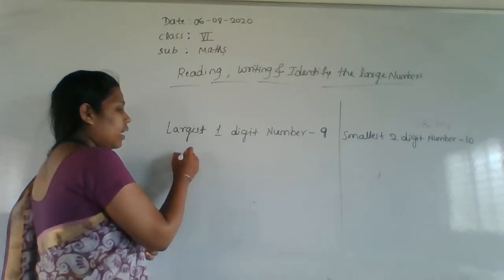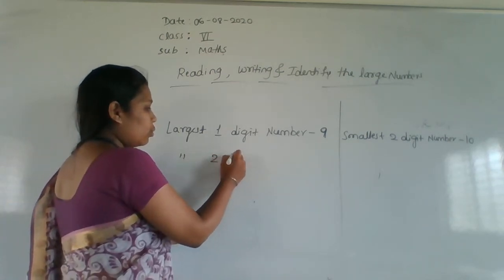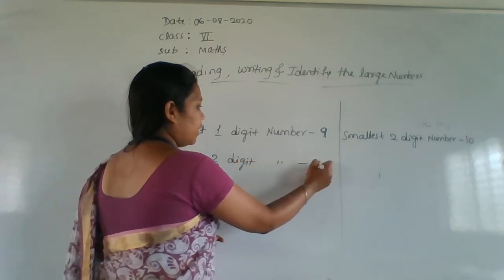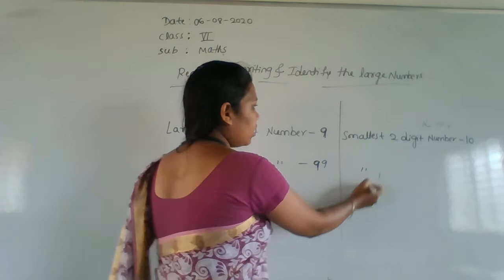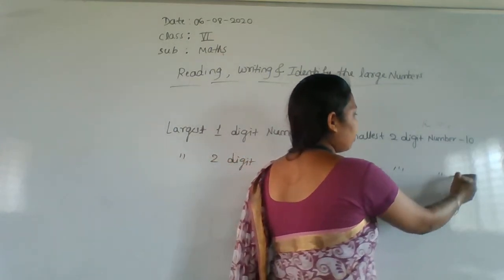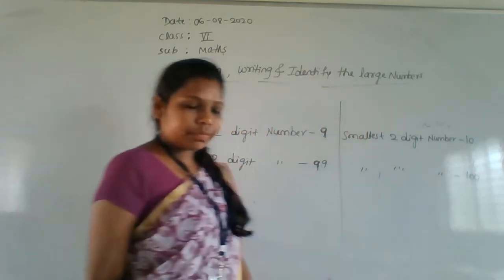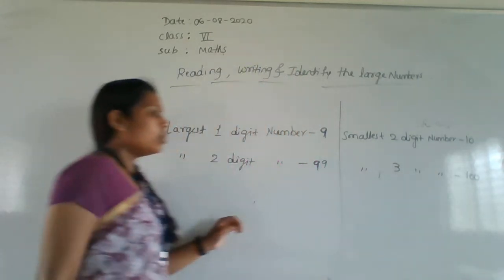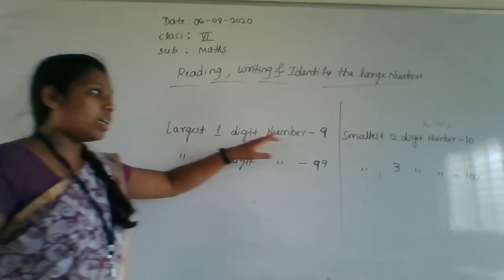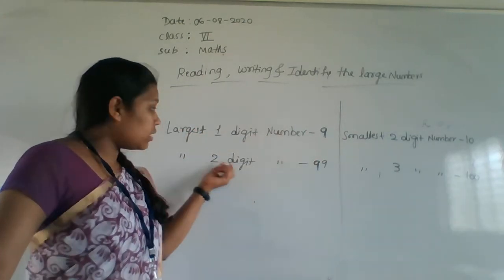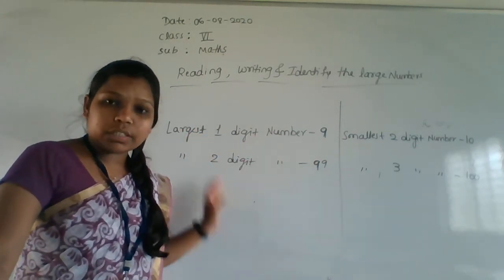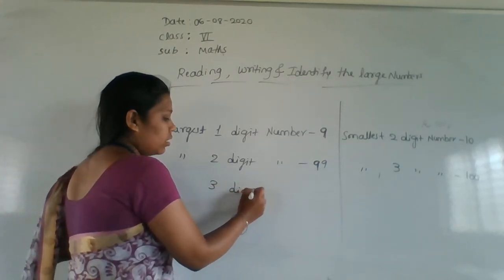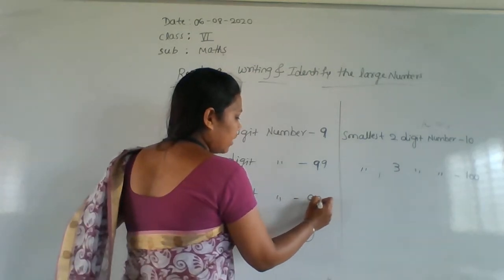Okay, next, largest two digit number is 99 and smallest three digit number is what here? 100. Smallest 3 digit. Okay, so largest one digit number is 9, largest two digit number is 99, largest 3 digit number is, if it is a 3 digit, then what is the answer? 999.